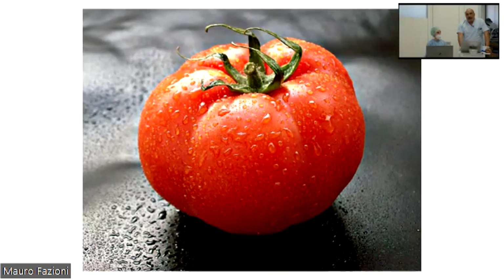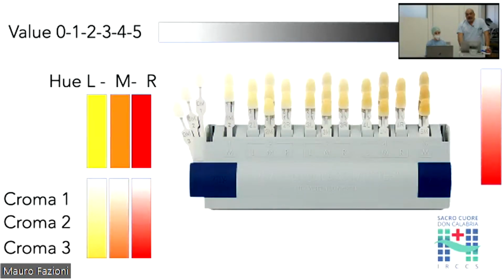value of the color. So the more the value gives us the adaptation, okay? So the guys from Vita give us the 3D scale where you can record the value, okay? Value 0 is the darker, high value is black, lower value is white.